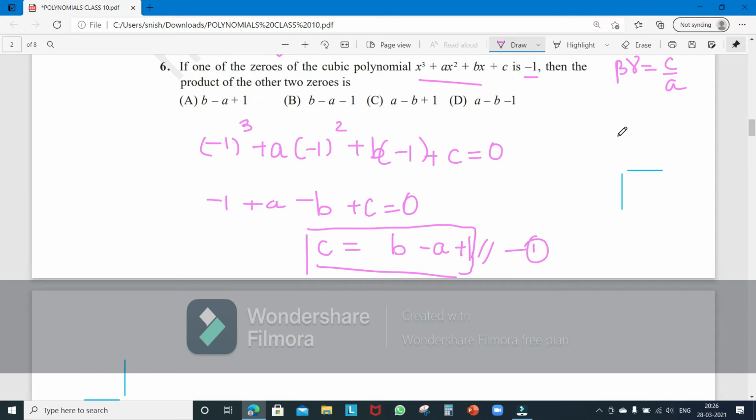Now we'll apply the same thing, alpha beta plus beta gamma, or rather, another simple method instead of that is the product of all the roots, alpha into beta into gamma, which should be minus of d by a.